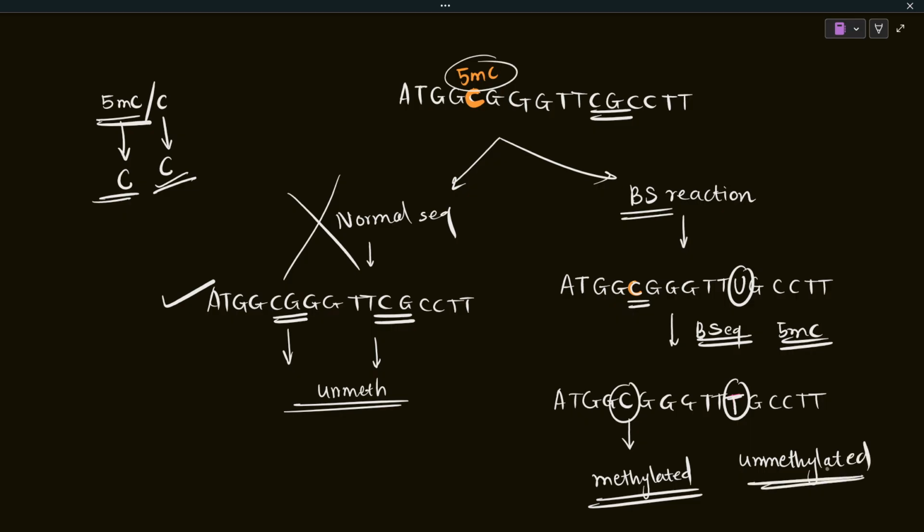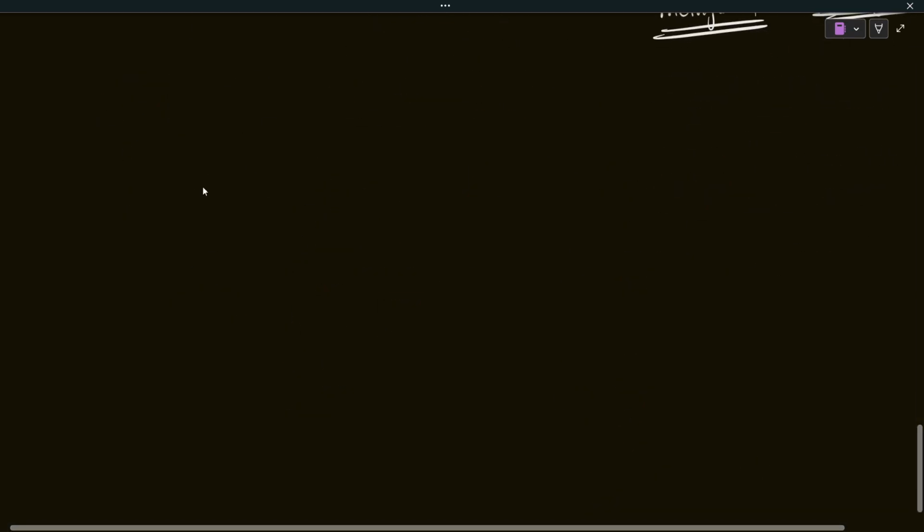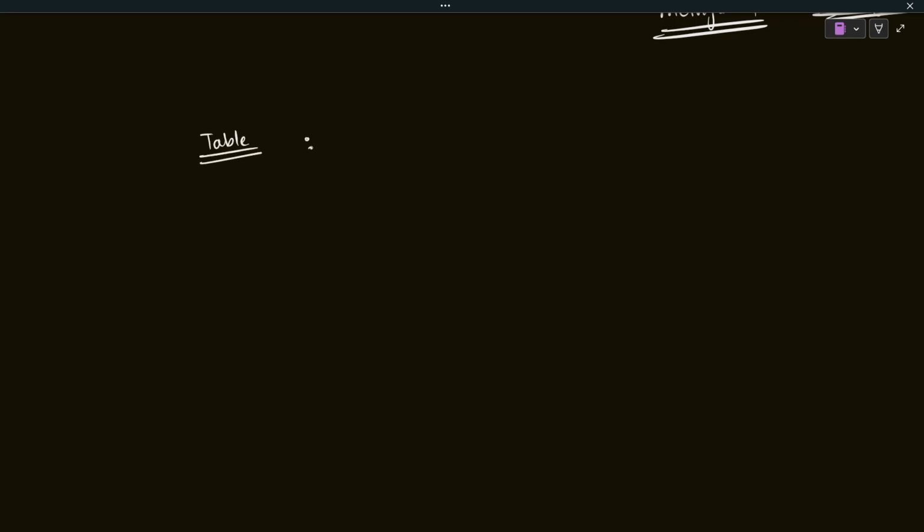So now let me give you a table which will help you out. In the normal sequencing, what will you see, and in the bisulfite sequencing, what will you see?